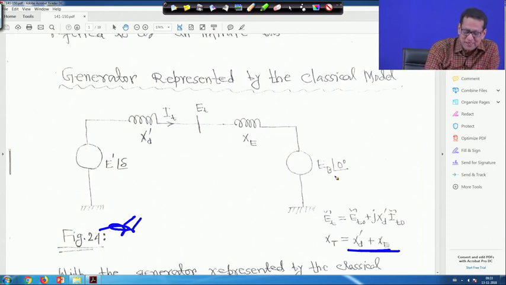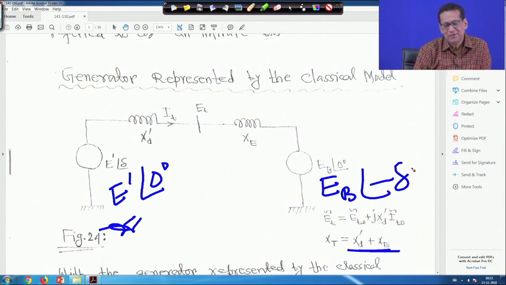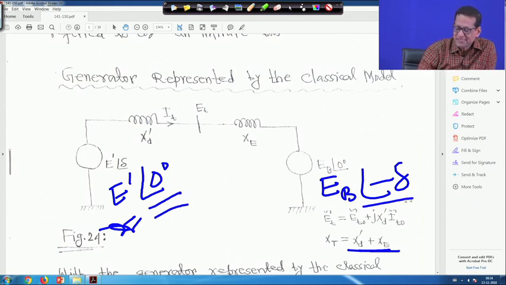Otherwise, if we make E dash angle 0 degrees, then E b is angle minus delta. Both are the same, because E dash leads E b, or E b lags E dash, by angle delta. When we use the mathematical notation, the meaning is the same.